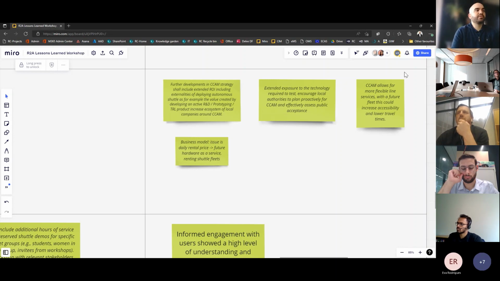Analyzing also the potential for CCAM in future to allow for more flexible line services with the future fleet, how this could increase accessibility, and then lower travel times.